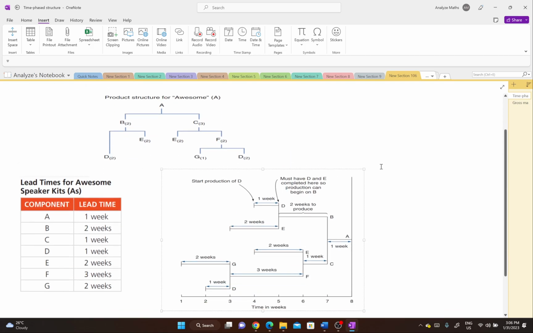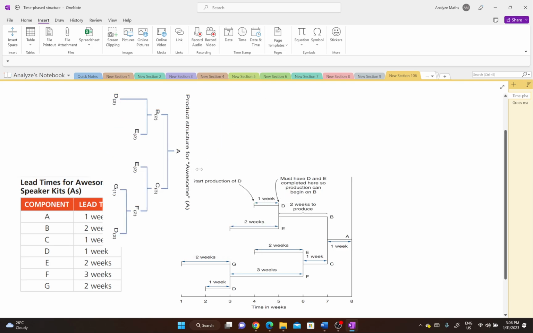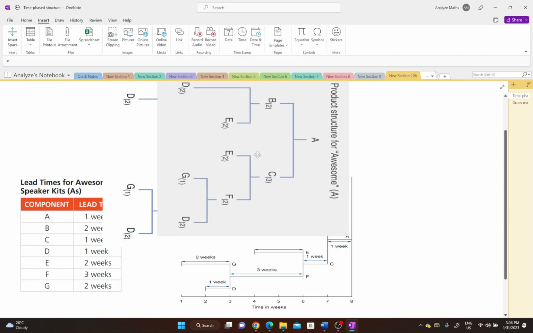This was the product structure. Time phase structure is as though you rotate this. If I rotate this by 90 degrees clockwise, you will get a time phase structure.